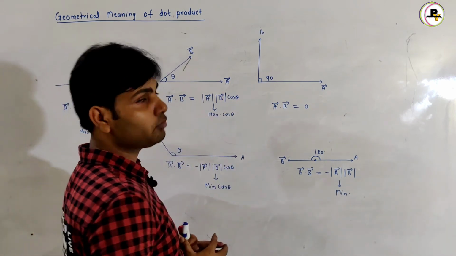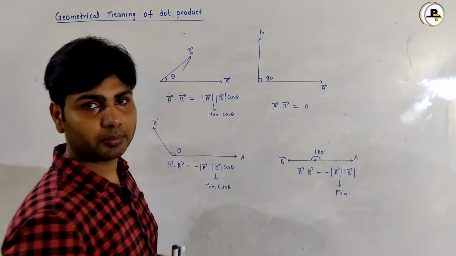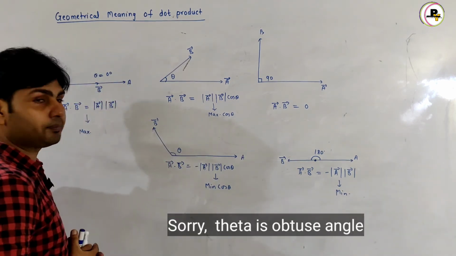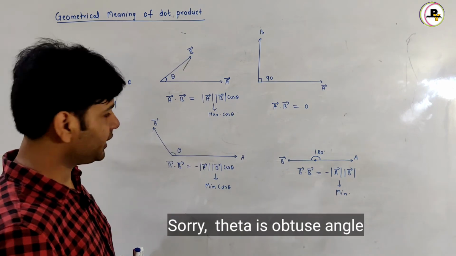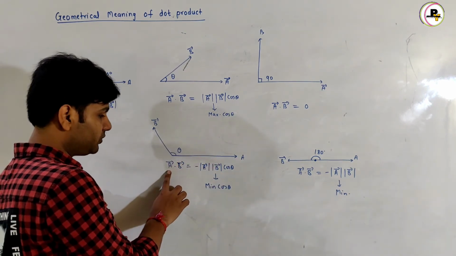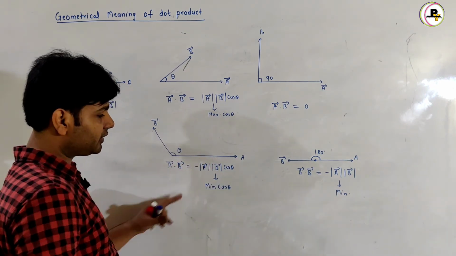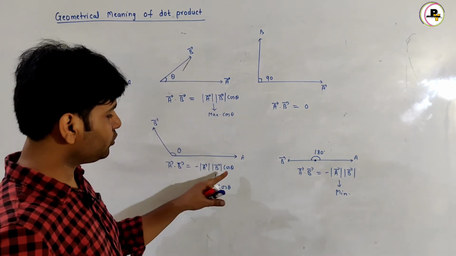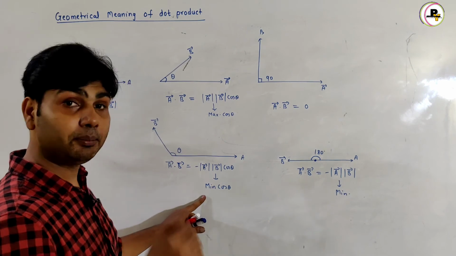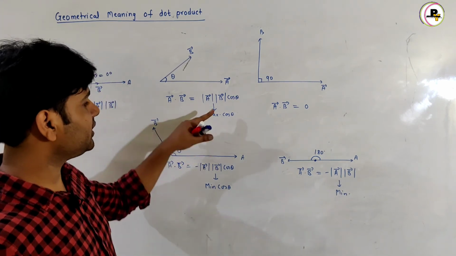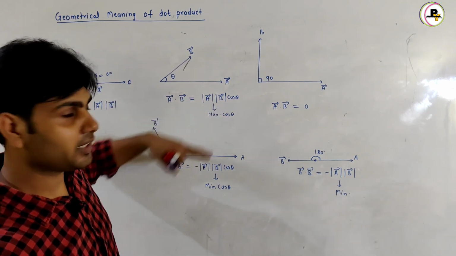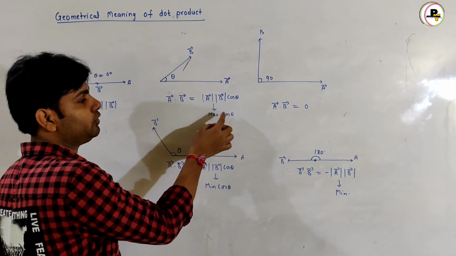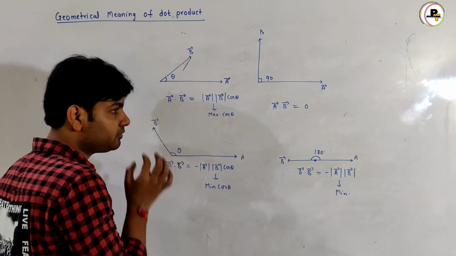If I take theta equals to 90 degree, that is two vectors are perpendicular to each other, then dot product is equal to 0. And if I take theta as an obtuse angle, then the dot product of A vector and B vector is equal to minus mod of A vector into mod of B vector into cos theta, that is I get the minimum value into cos theta, with a negative sign.